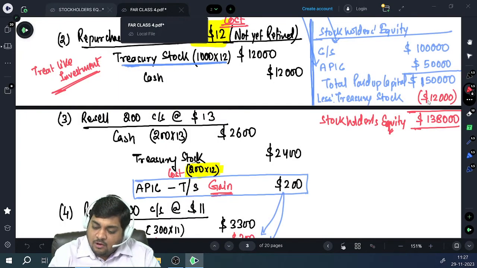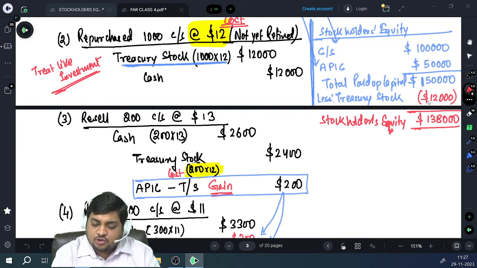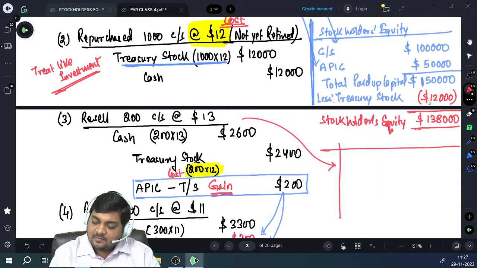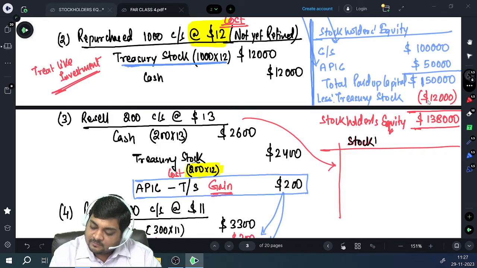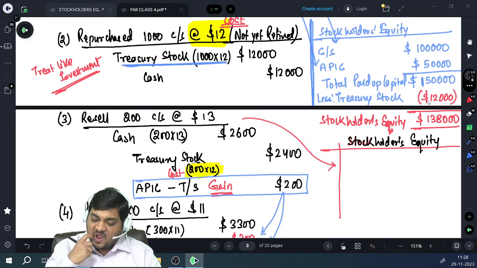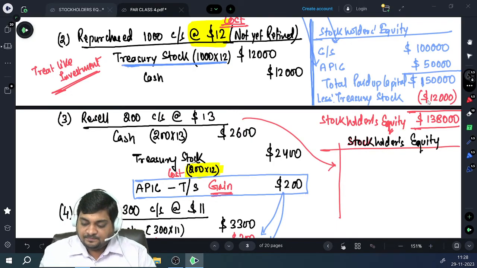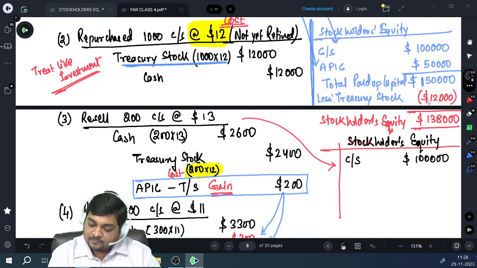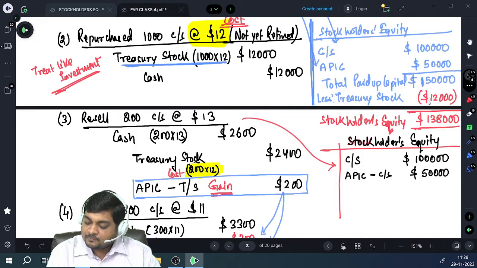Right? Now, suppose after reselling this 200, again if I go for stockholders equity, say for example, right?